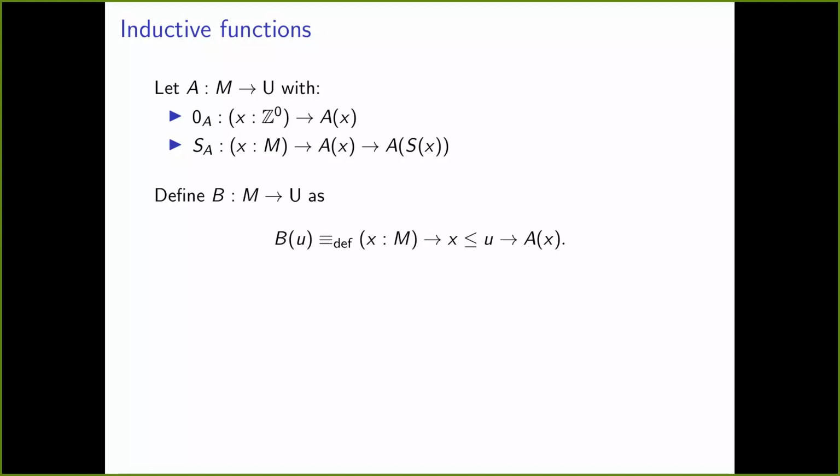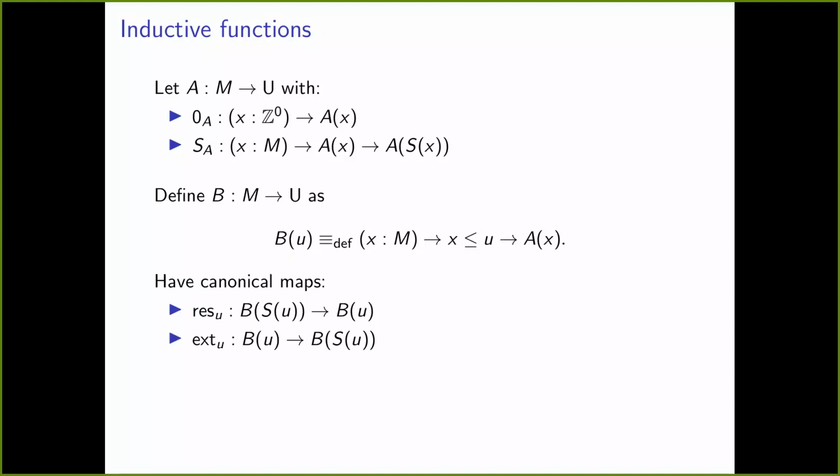Okay, so given this data, we define this type B of U, the partial functions defined up to U, so that you have A of x whenever x is at most U. And then you can define these maps, which I call restriction and extension.